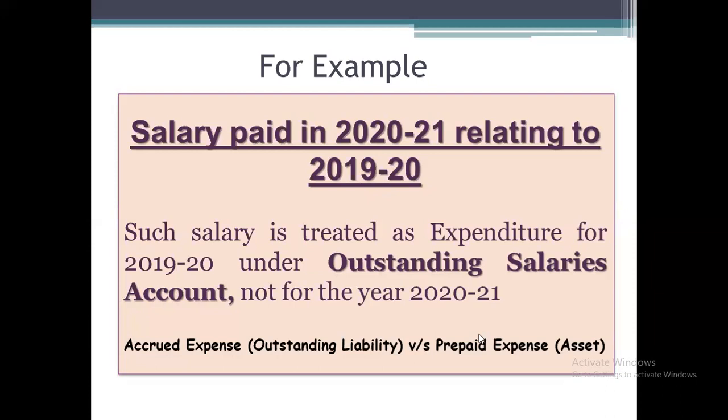And similarly, if I have paid extra, which is called prepaid, right? That I have to deduct that. For example, I have to pay rent of 1,000, and in December month, I paid for the month of January 2024. Then as per this concept, you need to deduct that 1,000.